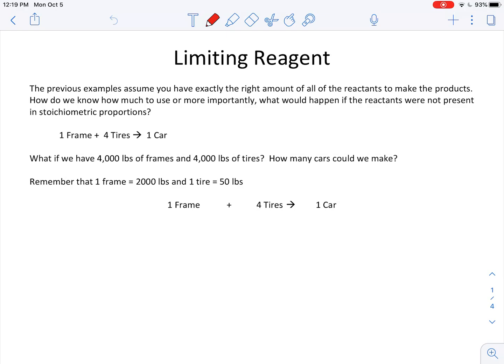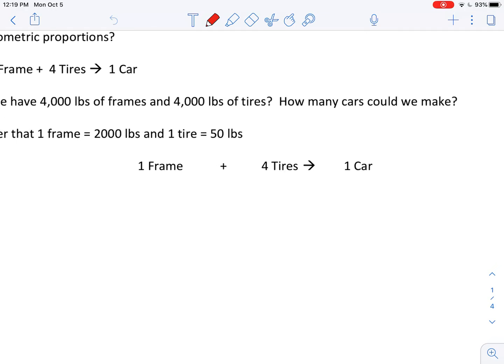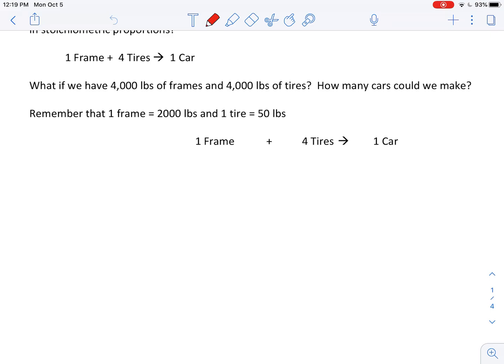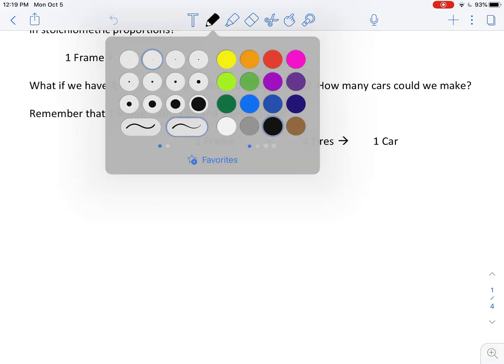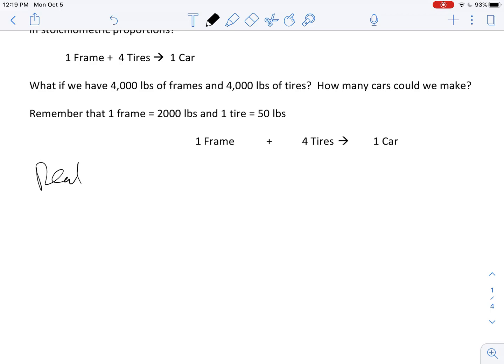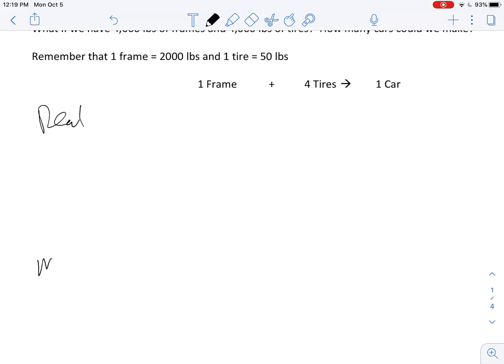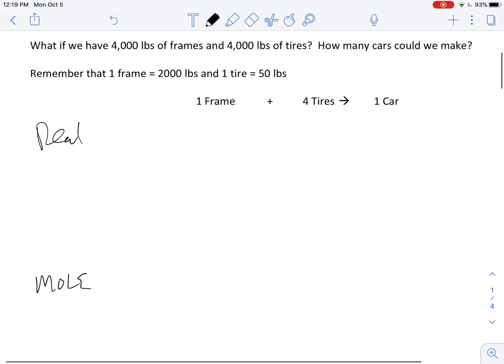So let's do a real world example here to start off with. Remember, in all of these types of things, I'm going to start you off in the real world, and then we're going to come down here and get into mole world, right?